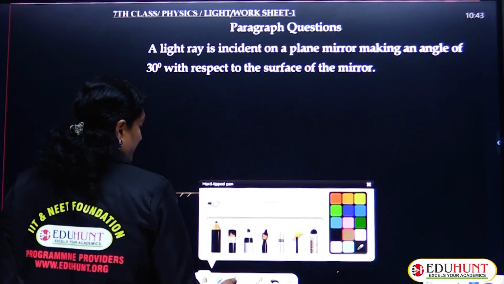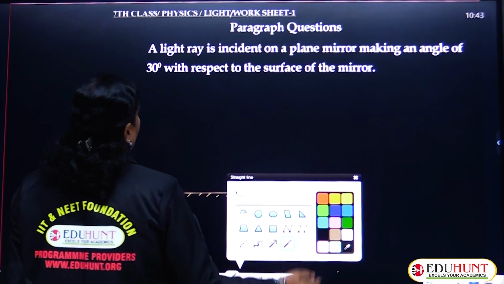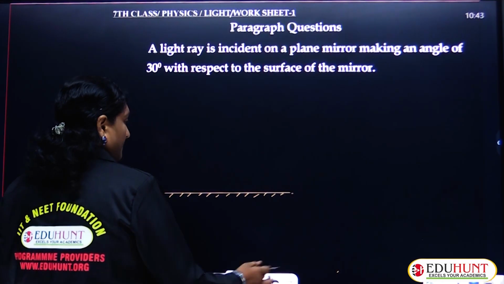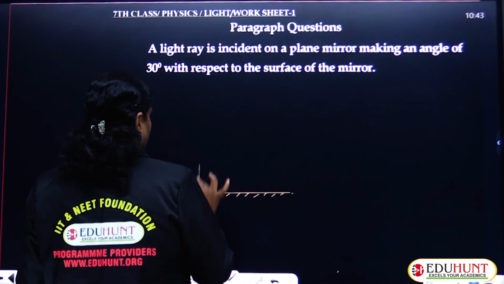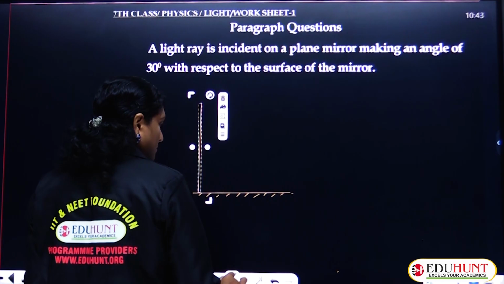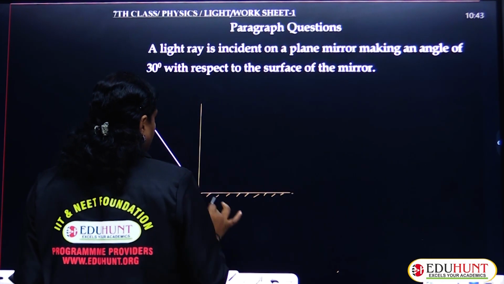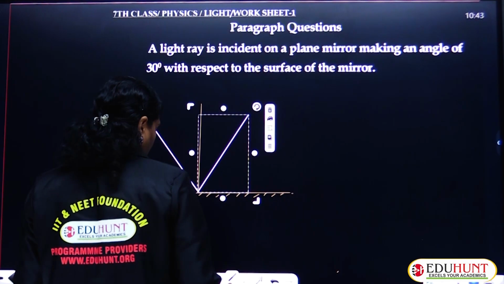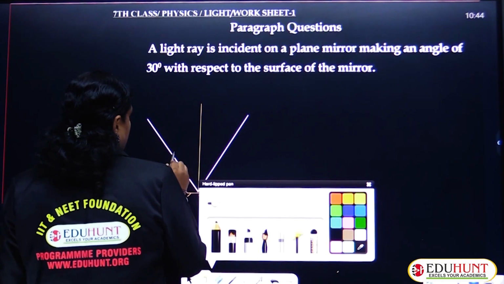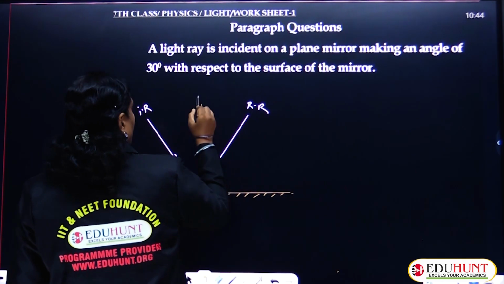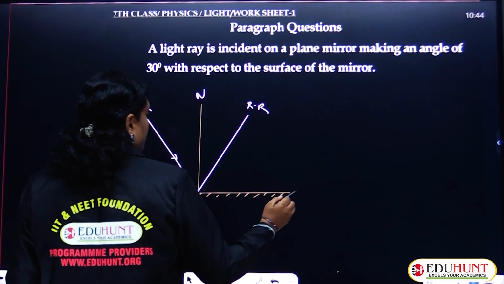What else was given? A light ray is incident on the plane mirror. First of all, let us try to plot the normal to this. Now moving to the incident ray and hence the reflected ray. So, based on this, IR, RR, normal to the mirror, M1.